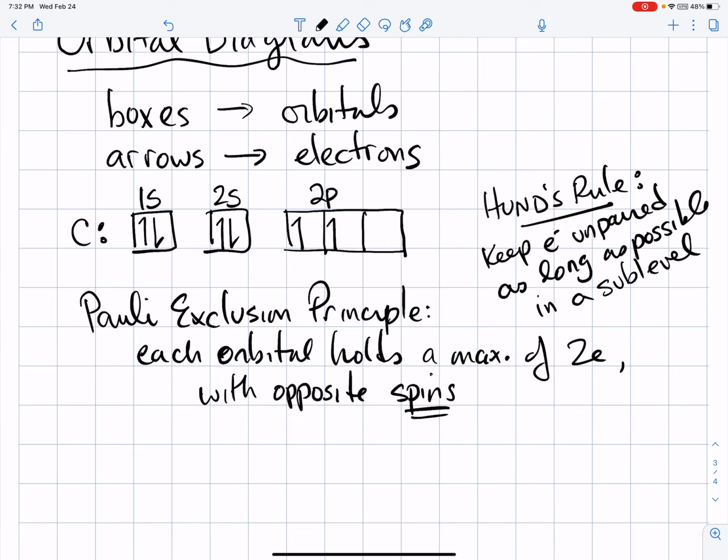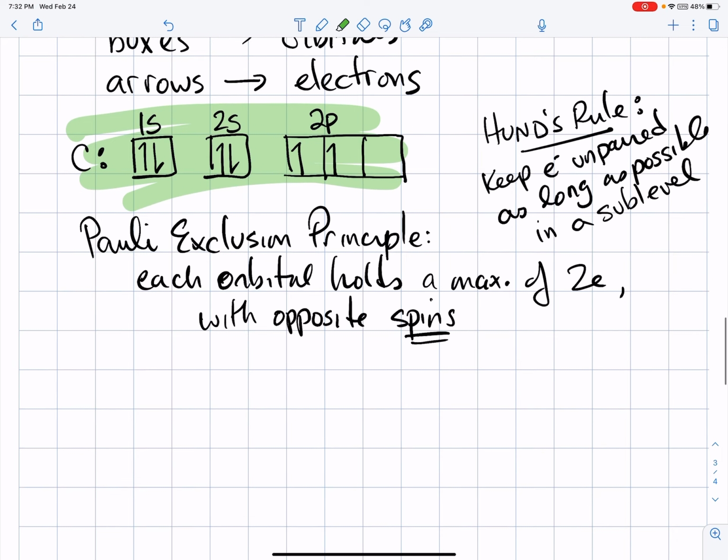So if you're able to put them in an empty box with the same energy, that's what you should do. It minimizes the repulsion between the electrons. All right, so there is the orbital diagram for carbon. Right, that's it. Let's do another one.